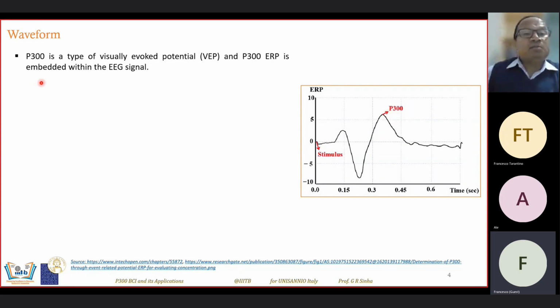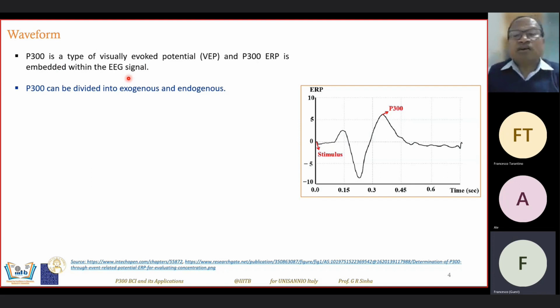So P300 is a type of visually evoked potential. Visually means it is mainly related to our visual system. So the P300 ERP is embedded within the EEG signal. In what form is the signal recorded? It is recorded in the form of EEG.